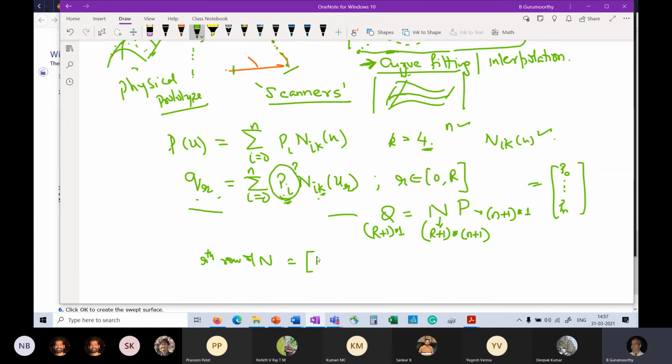So the first term will be N_0k of u_r, N_1k of u_r all the way till N_nk of u_r. And I have capital R such rows like this. Right? So that's the equation that I want to solve.